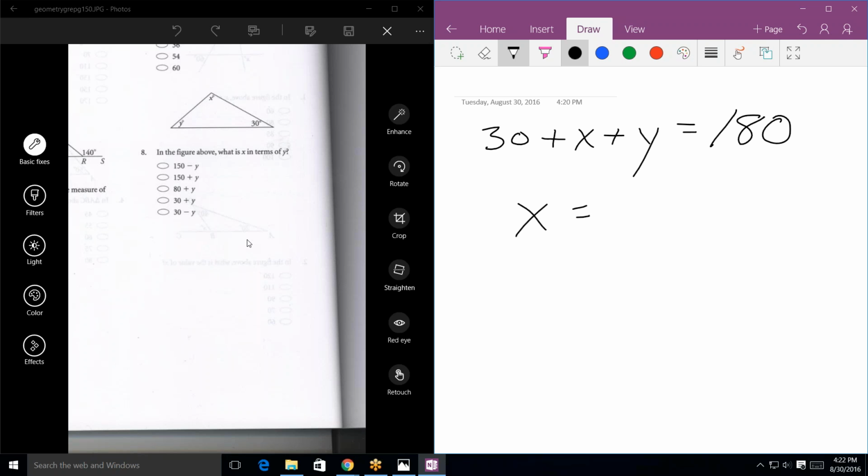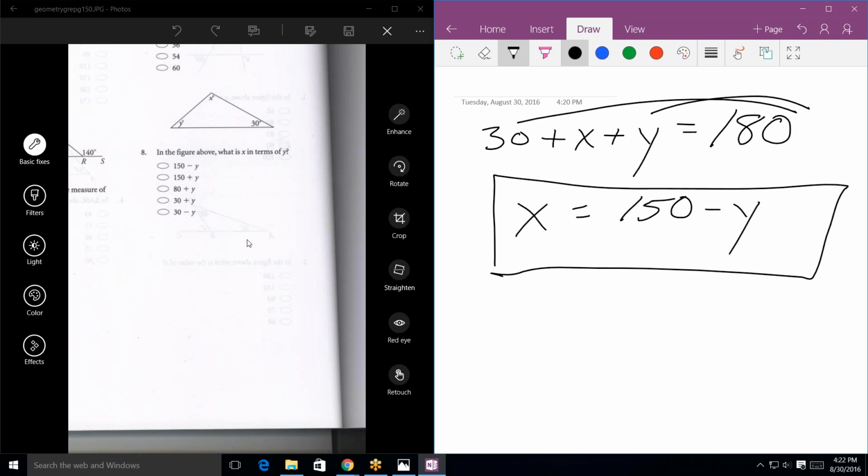No, they do not give you enough values to solve for x, but they do give you enough to solve for x in terms of y. In other words, if I move the y over and I move the 30 over, I get 150 minus y, right? That's what my initial guess was. And that's the answer. Notice that all 5 answers have a y in them.